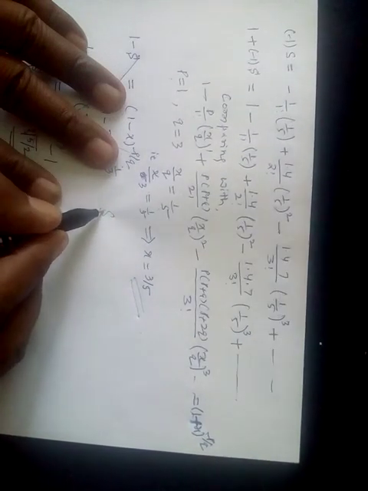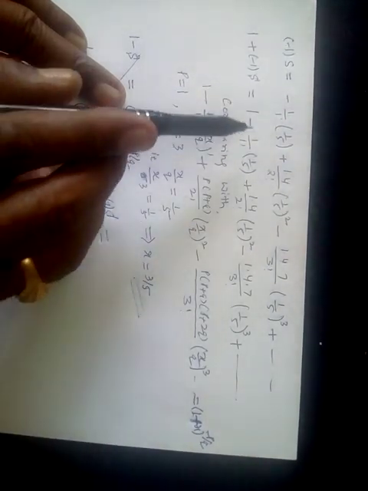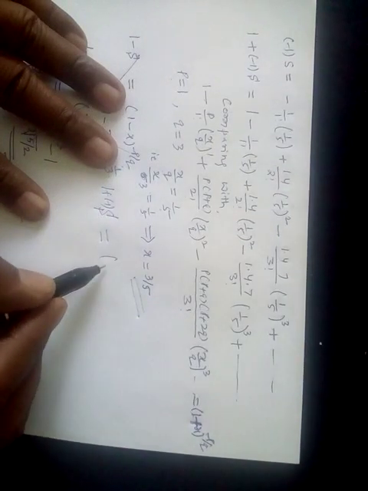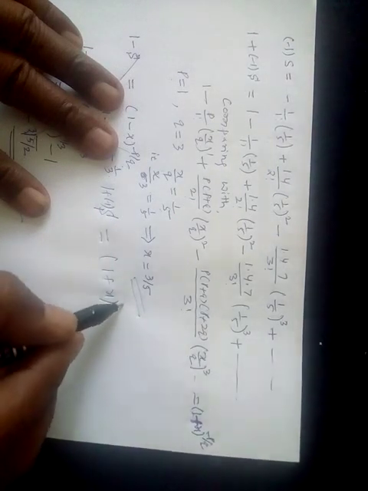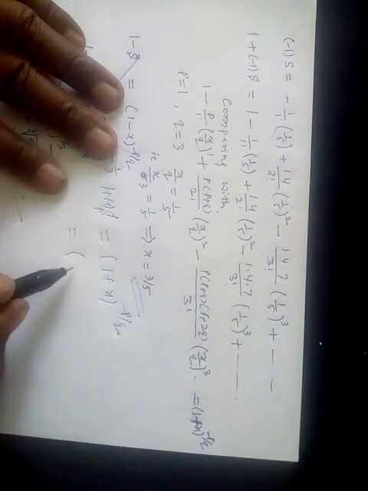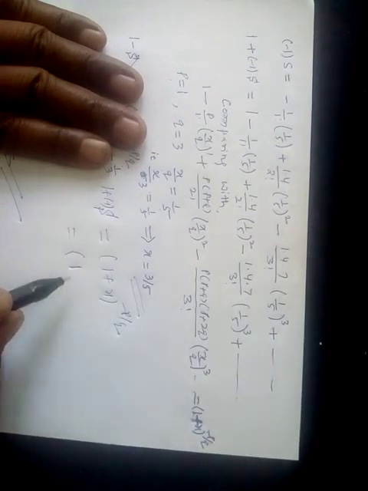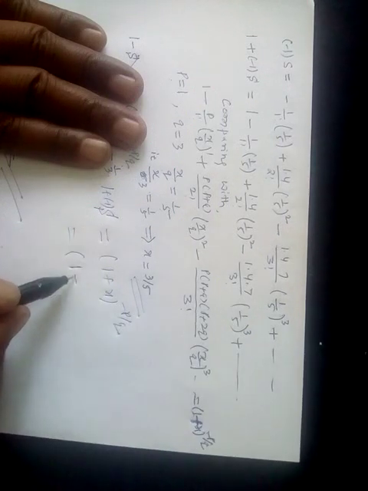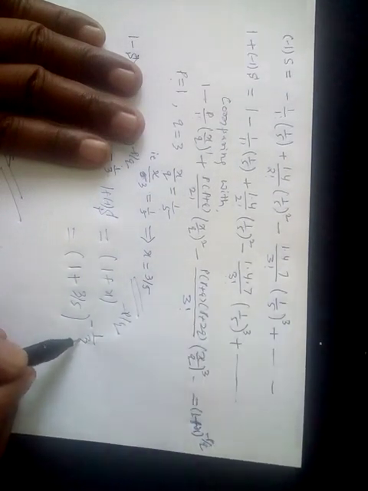Now, the LHS is 1 plus (minus 1) into S, equal to the given series. I will write it as (1 plus x) to the power minus p by q, and substitute all the values. What x value did we get? 3 by 5. So (1 plus 3 by 5) to the power minus p by q, with p value 1 and q value 3, that is minus 1 by 3.